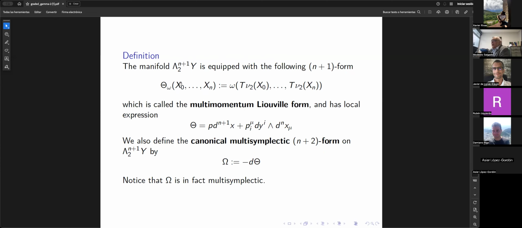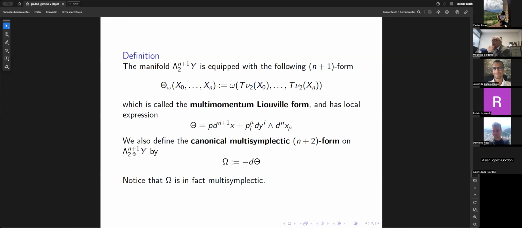At a point omega, applied to X_0, ..., X_n, is just omega, which is an n+1 form, applied to the projections on the base Y. And this is the multimomentum Liouville form, just the natural extension of the Liouville form in the cotangent bundle, because for n equal to 0, lambda 1 is just the cotangent bundle. And we consider the minus differential of this canonical Liouville form. We obtain the canonical multisymplectic n+1 form.